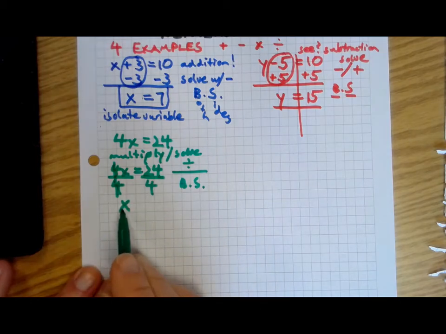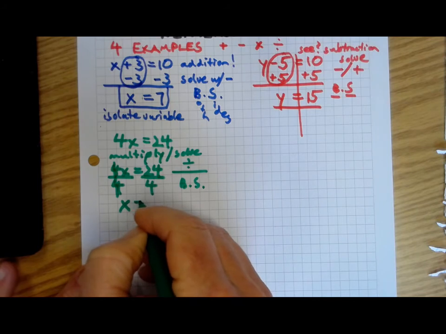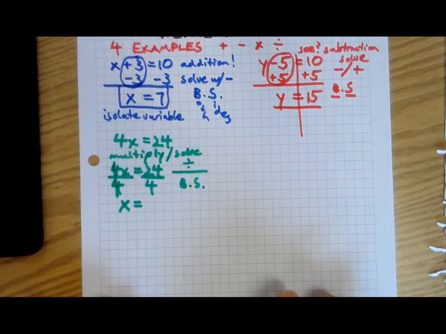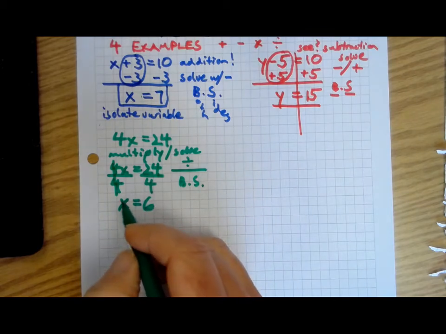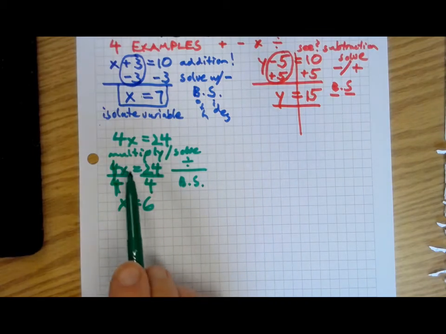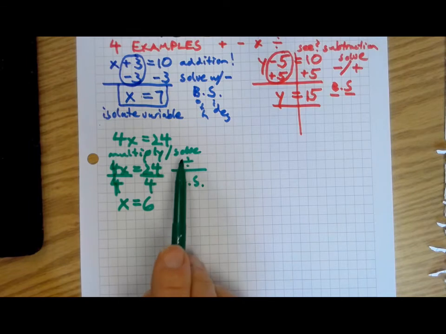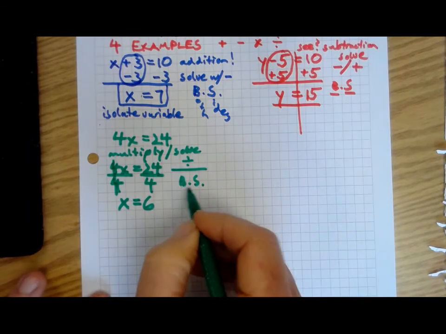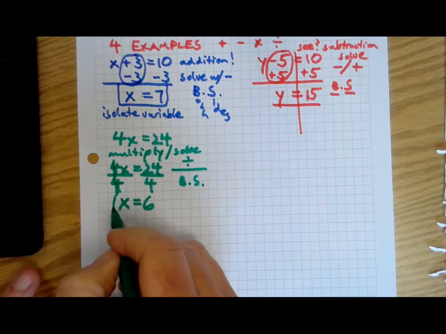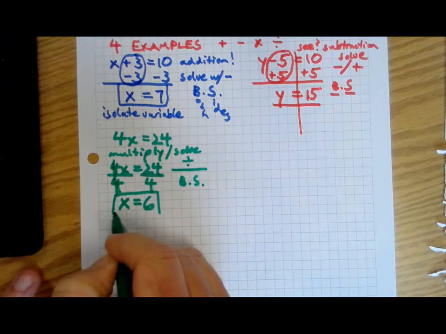See it? There it is, 1x. And then we compute whatever your system is, and I get 6. So we saw multiplication, we solved with the inverse operation, which is division, to both sides, and we got a solution, a value for the variable.